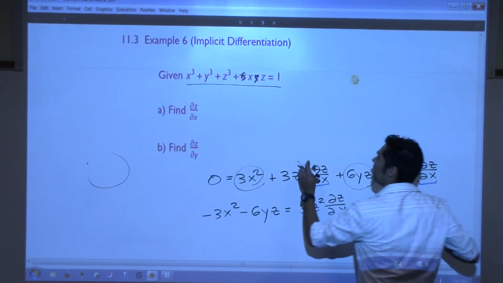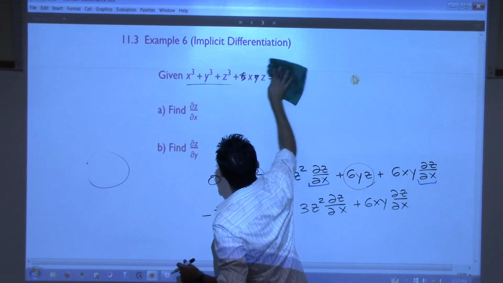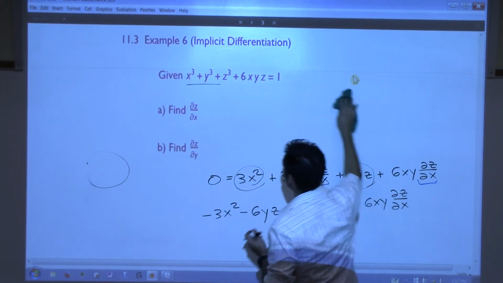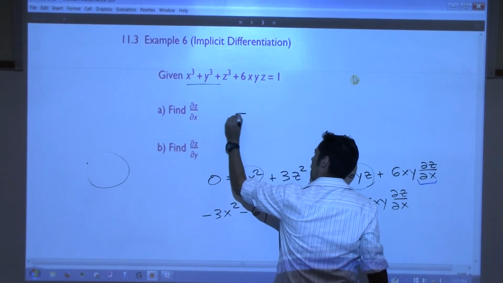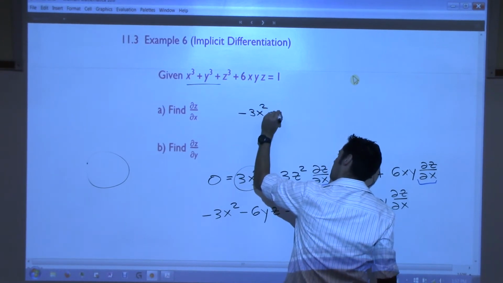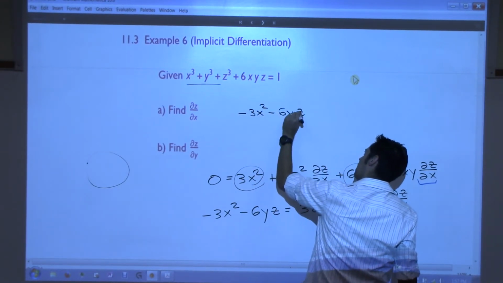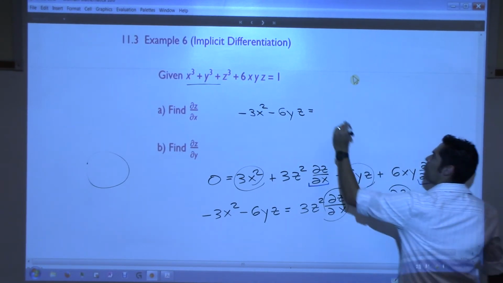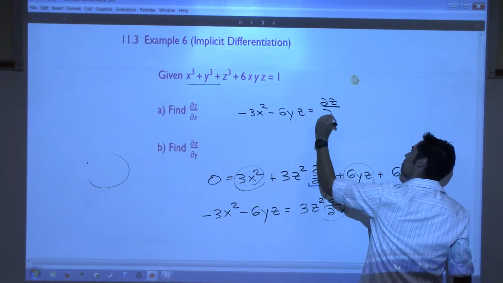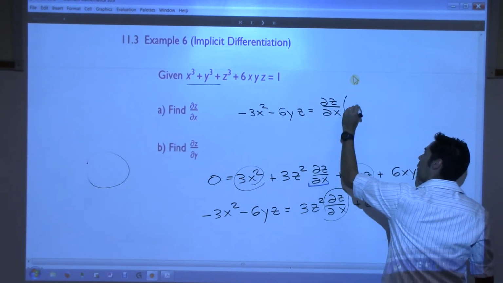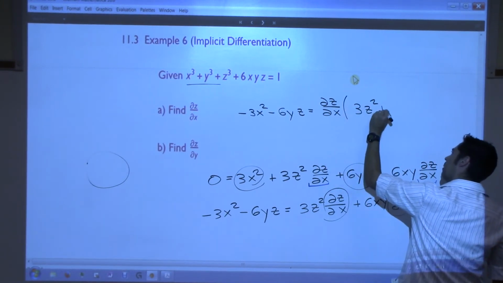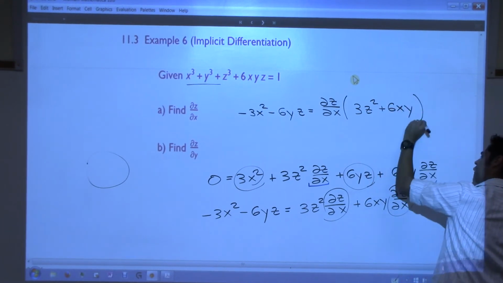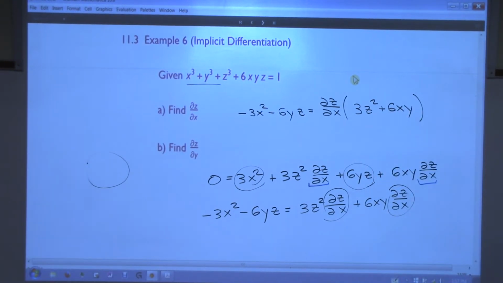So we have left side is negative 3x squared minus 6yz equals, when I factor this out, I guess I'll put it in the front, doesn't matter, partial z with respect to x, and then I have 3z squared plus 6xy. And finally, divide both sides by what's in parentheses here.